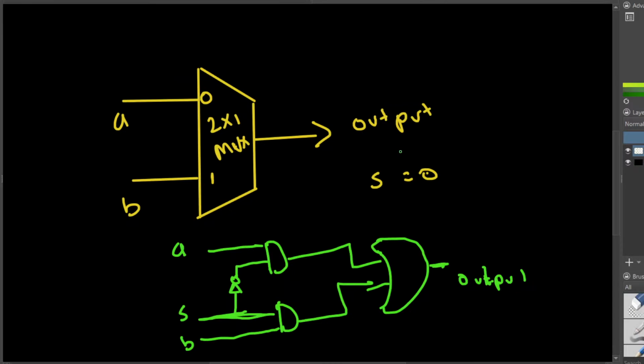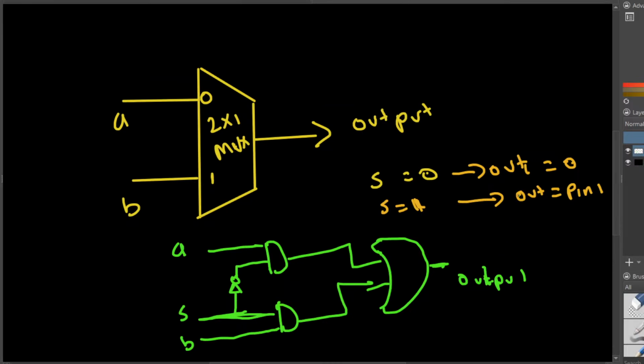Now what does this say? When S is equal to 0, the output pin is equal to 0, and when S is equal to 1, the out pin is equal to 1.